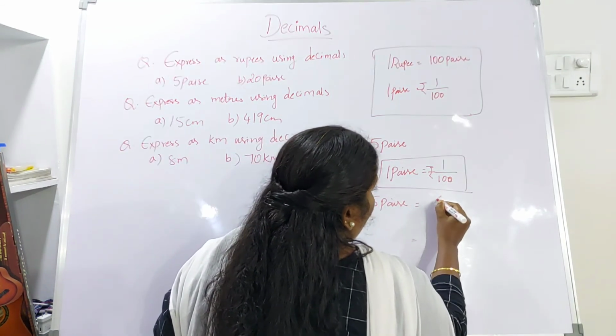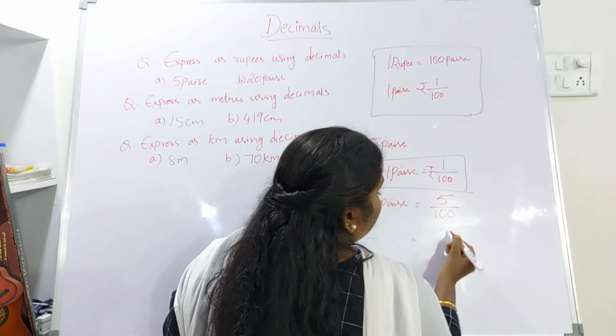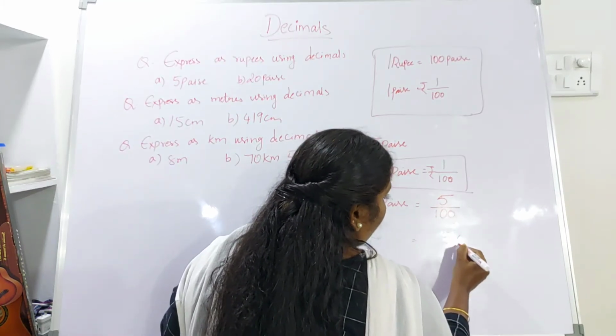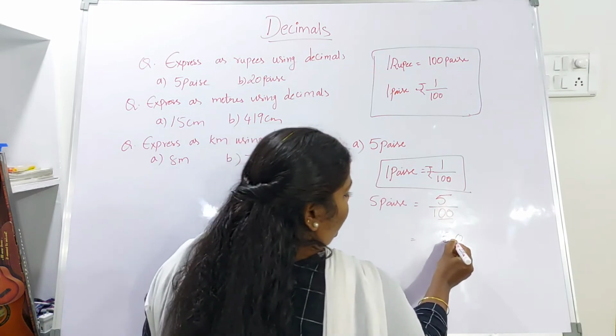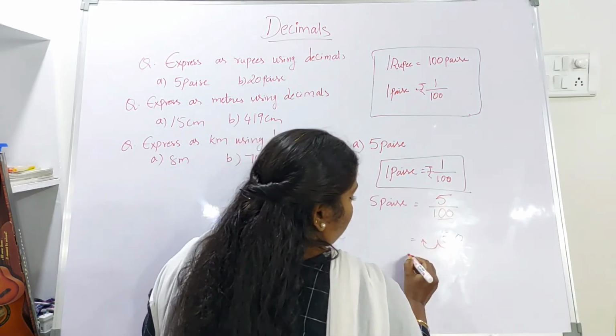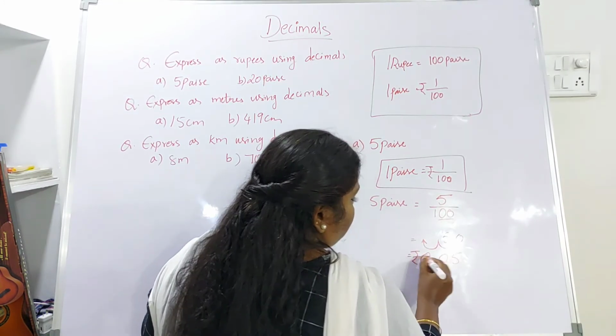So 5 pies is nothing but 5 by 100. Now since you have a 5 in numerator, 5 in the sense it is 5.0. In denominator you have 2 zeros. So it will be shifting 2 places to the left. So this is nothing but 0.05 rupees.